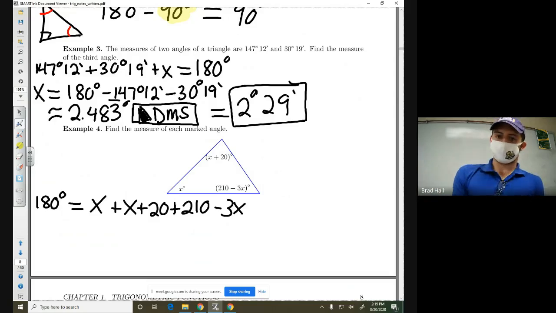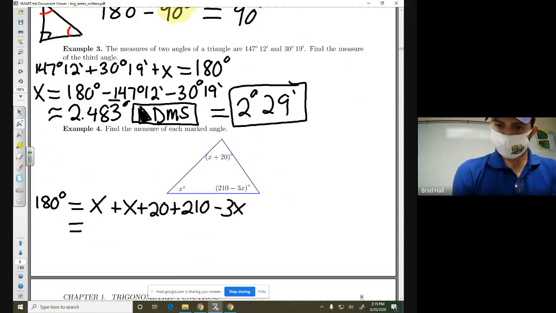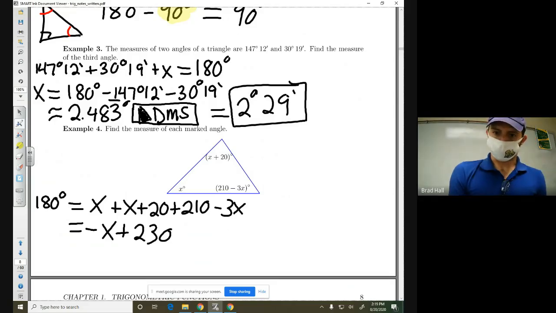And guess what? We have an algebra problem. So pretty simple algebra, it's just a linear equation. So let's see, I see an x and a minus 3x, so that's minus x plus 230. So yeah, 2x minus 3x is negative x, and plus 230.